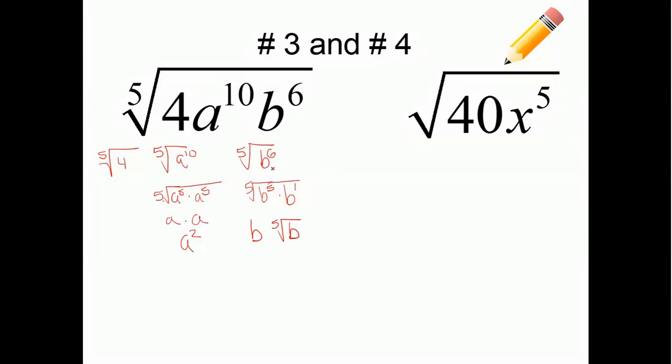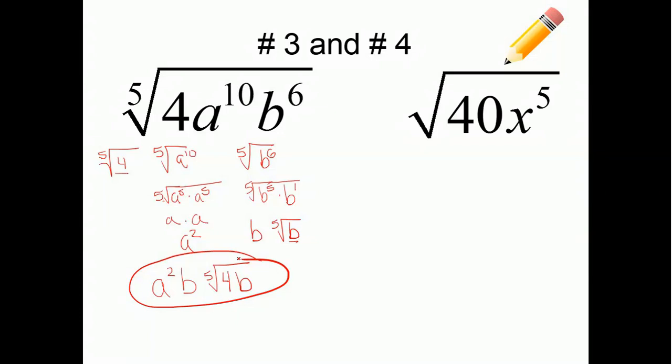So basically I think of how many 5's can I take out of my exponent. But now what you've got to do is put everybody that's on the outside on the outside, and everybody on the inside on the inside. So a to the 2nd and b are on the outside, and then inside my 5th root, I have a 4 left and a b left. So it's going to be 4b left behind.